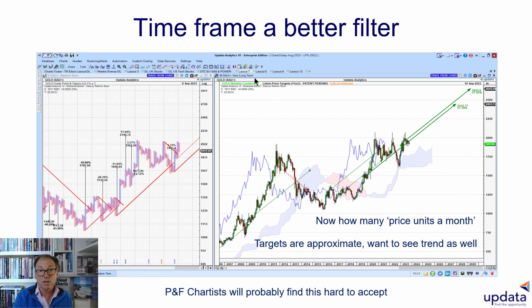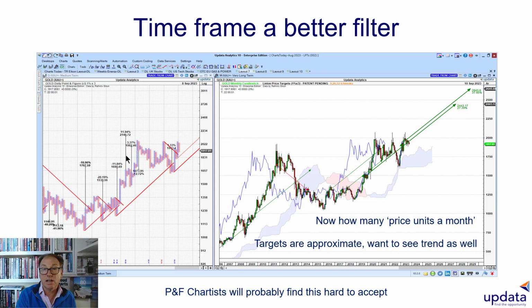This is a very long-term chart in Updata. It will automatically say that in your heading. And now we're saying how many price units per month, which is one of the major reasons for putting these targets on monthly and weekly charts, is we can see how long the targets are going to take per month, per week, which if you were using point and figure, you would use daily.